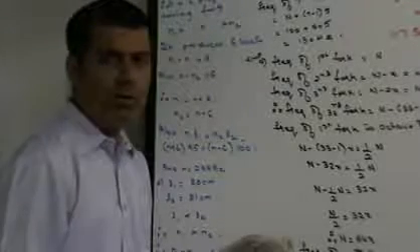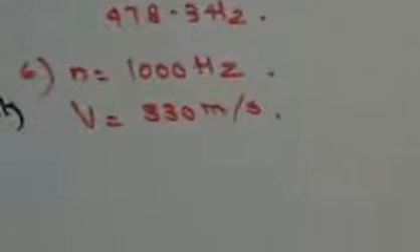Third part of the question, moving away from the source at a constant speed of 30 meters per second. If the velocity of sound in air is 330 meters per second.